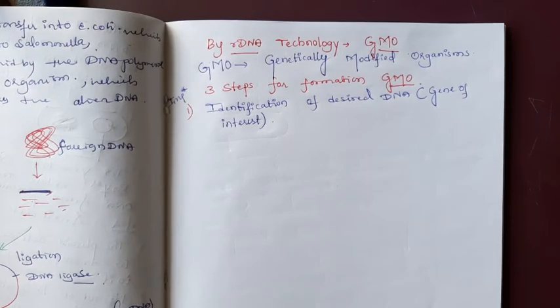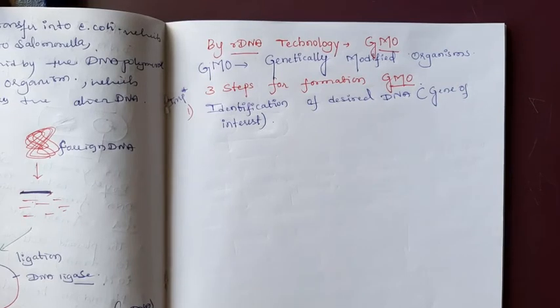Suppose I take the example of mango. Consider two mango plants: one mango plant produces a very big fruit with very delicious taste. Another mango plant produces a small mango with a bright color.